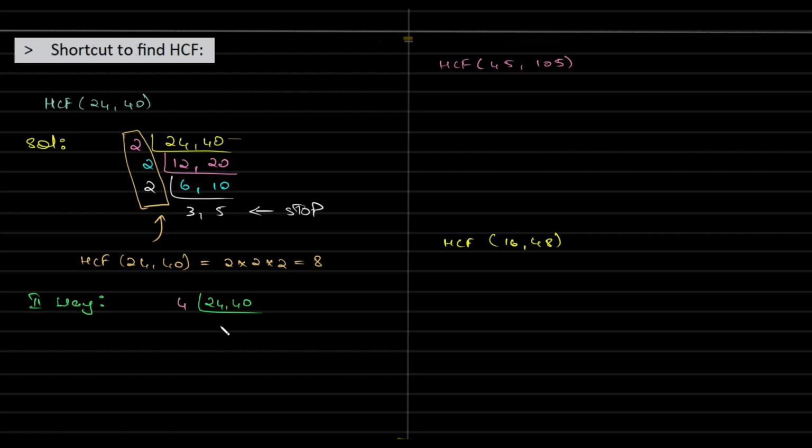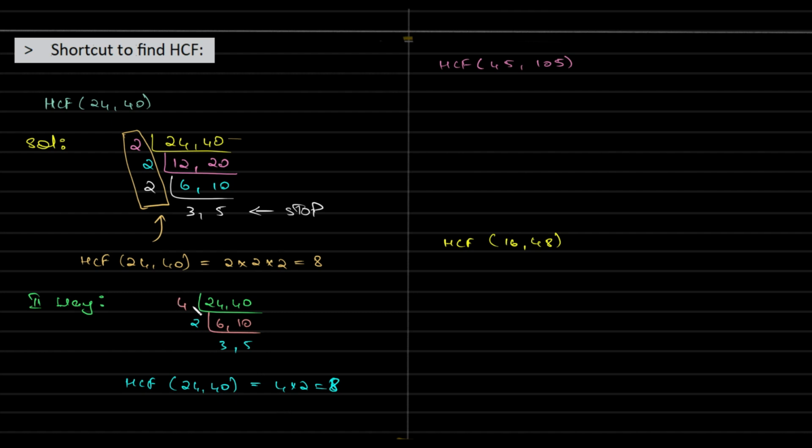For example, 4 times 6 is 24, 4 times 10 is 40. Then the next number is 2. 2 times 3 is 6, 2 times 5 is 10. So the HCF over here again is the product of 4 and 2, that is 8. So you need not always start with some small number.